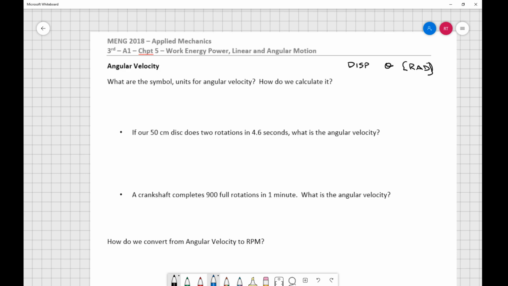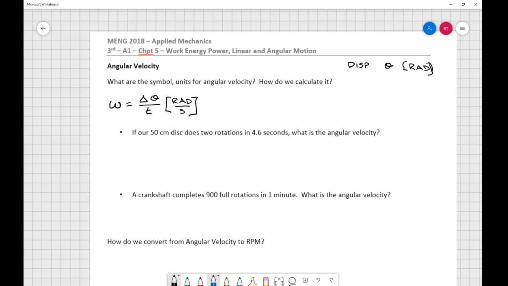The symbol for that is a lowercase omega, which kind of looks like a rounded W, and it's really my change of angular displacement per time. Units for this are radians per second.